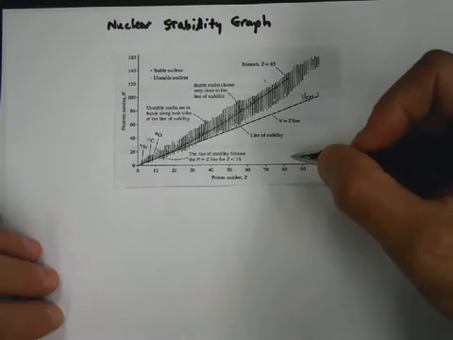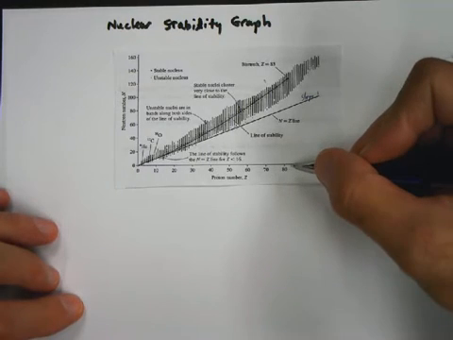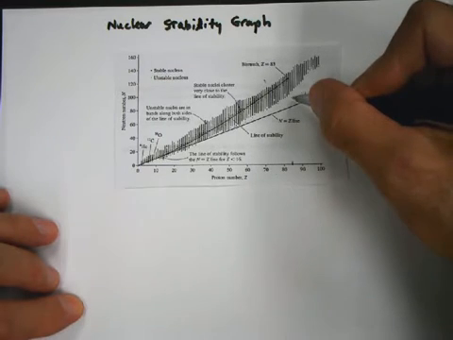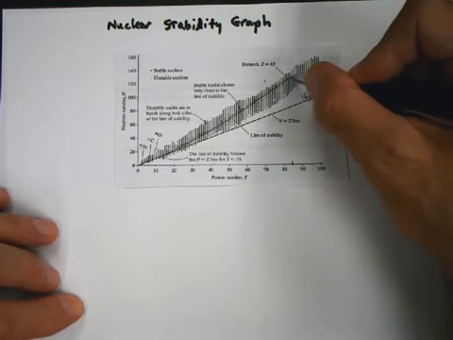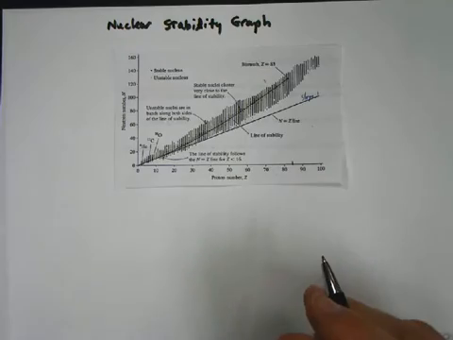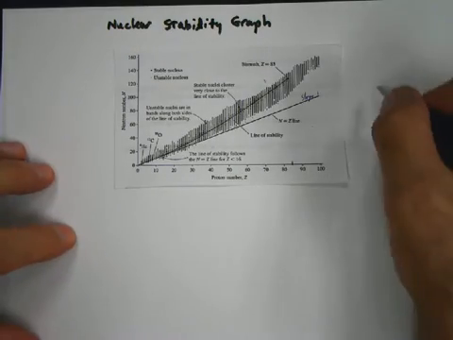Polonium has 84 protons, so that would be here. That's just a little bit beyond bismuth, so it could be in an unstable region. And let's see what it would have. Polonium, I should say 214.